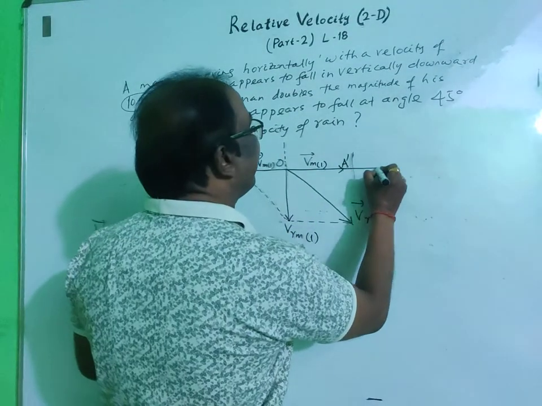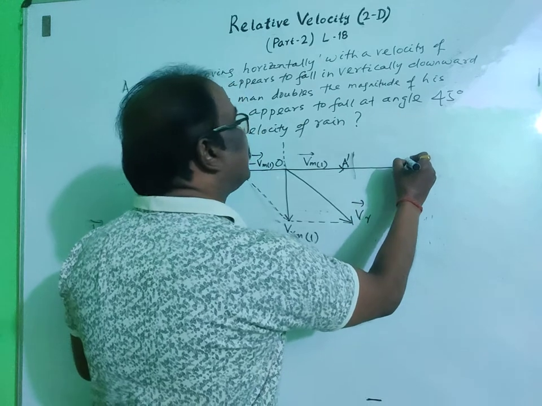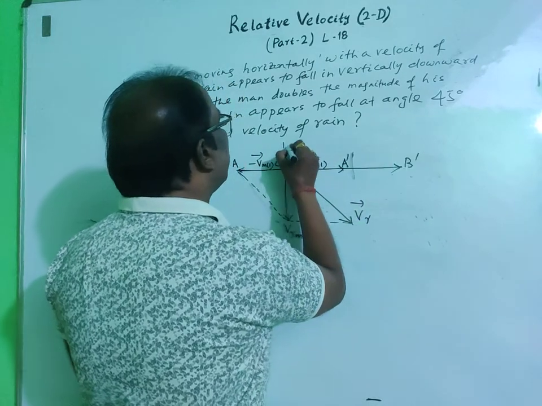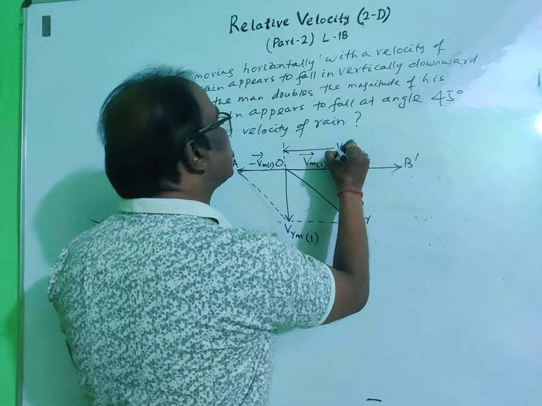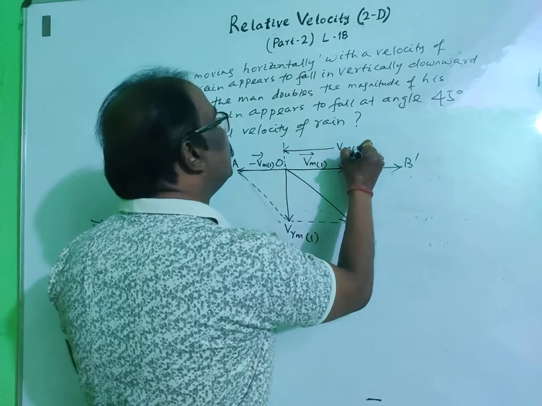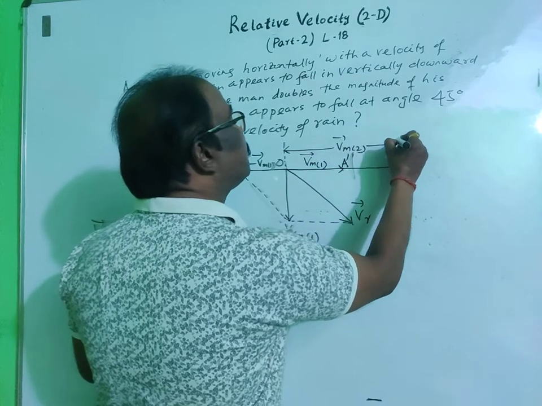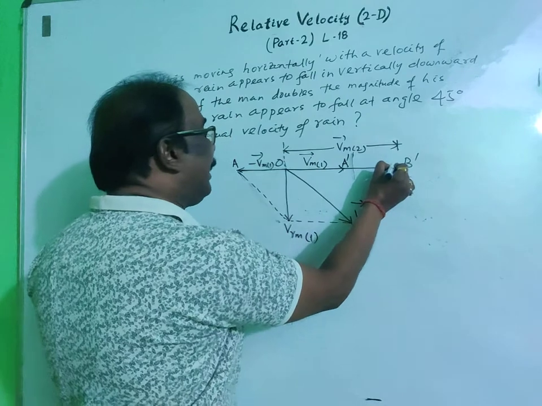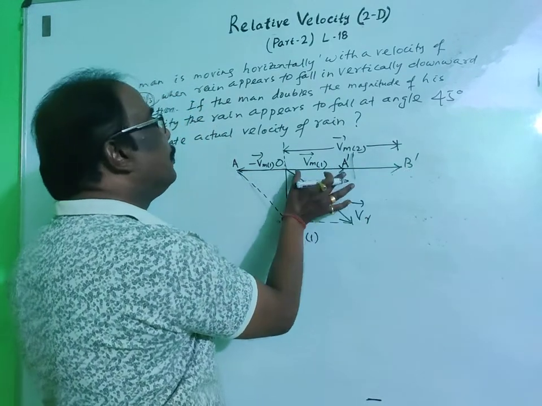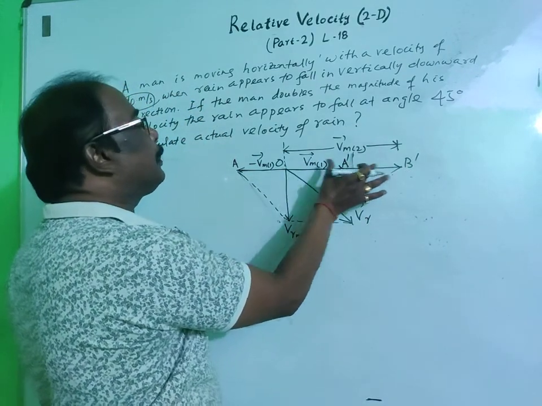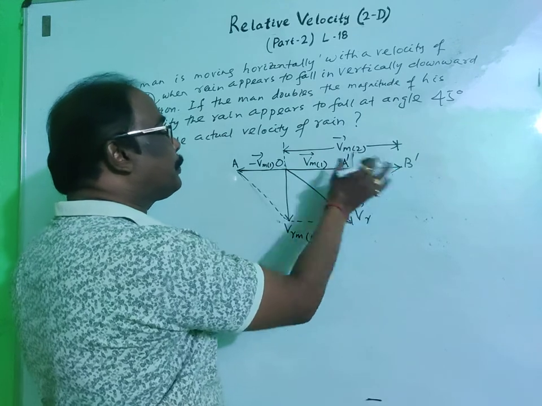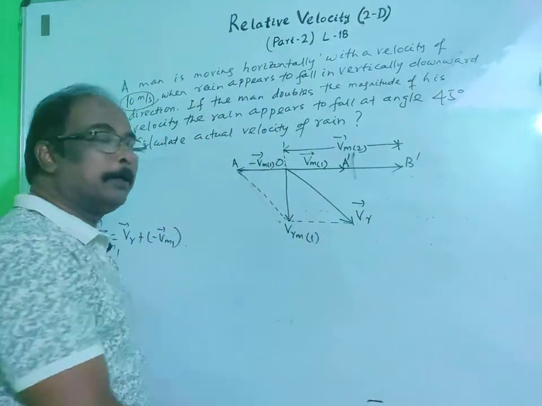Then this is B dash, and this represents Vm2. Means OB dash represents Vm2. This is 10 meter per second. This is also 10 meter per second. Thus velocity is doubled.